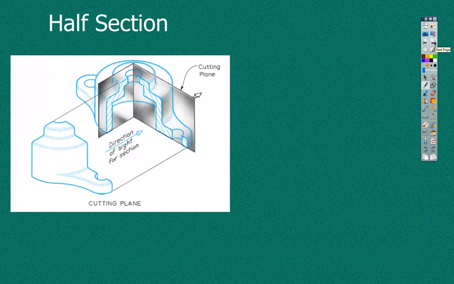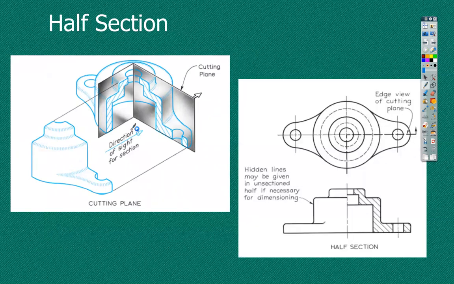We also have half sections, where half of the view is a section. So in a half section, we're taking out a quarter of the part, but on the section view, half of the view is a section. This lets us see the outside on half and the inside on half.